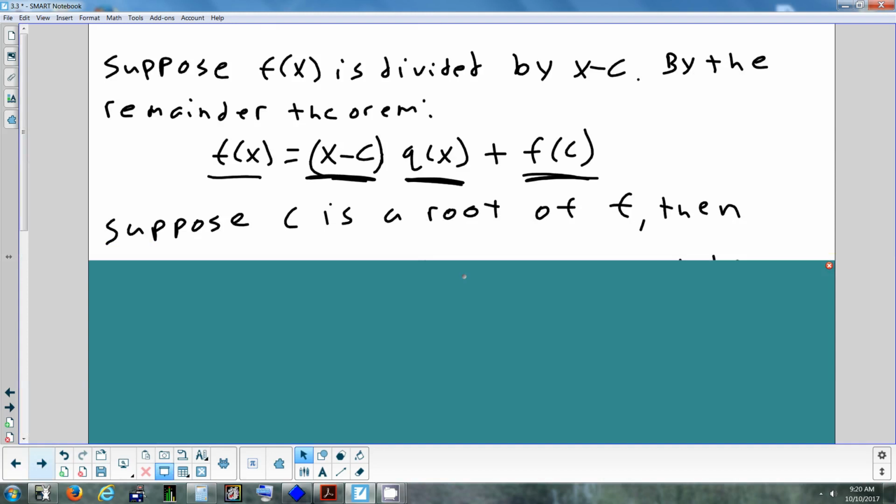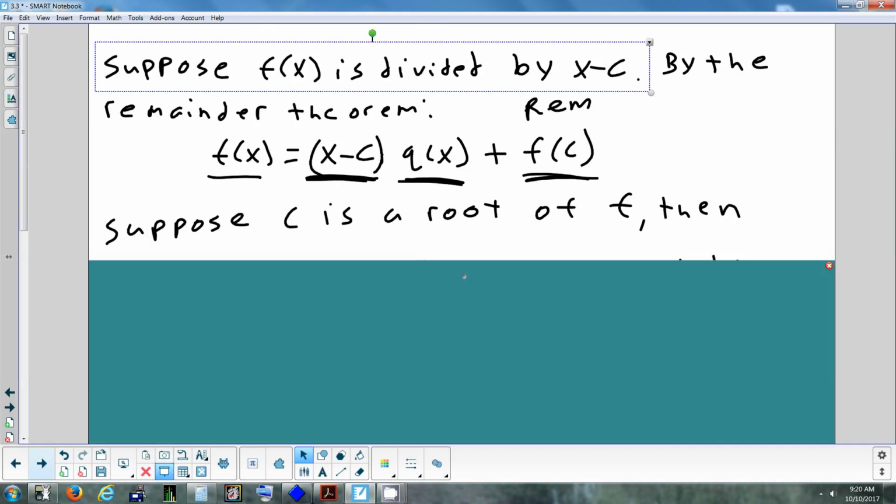Your numerator equals your denominator times your quotient plus your remainder. But instead of writing r for remainder, I put down the formula for the remainder. All you do is take the number that comes after the minus sign, plug it into your original function, and this calculation is what we just did in the last 2 pages. That's the remainder.